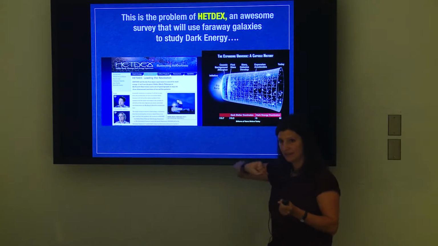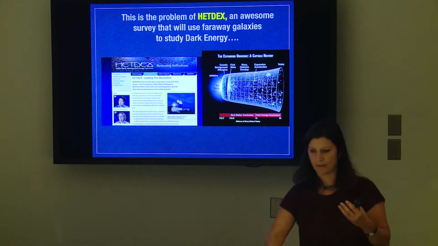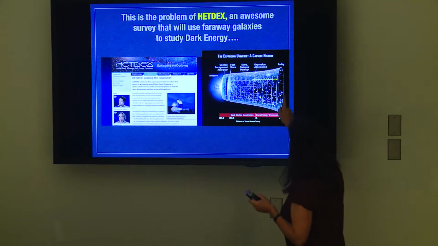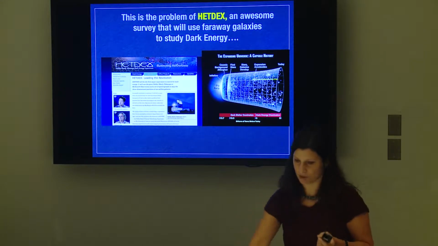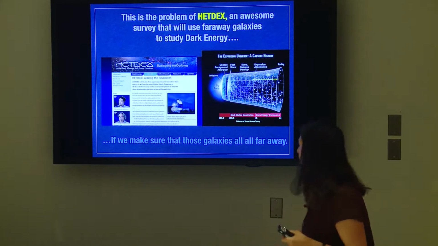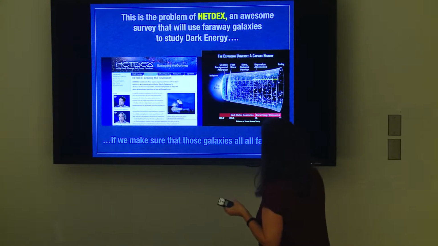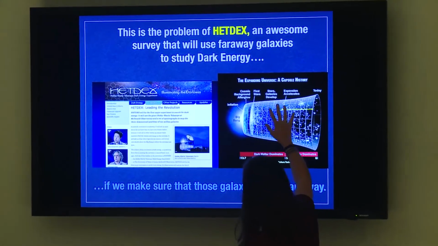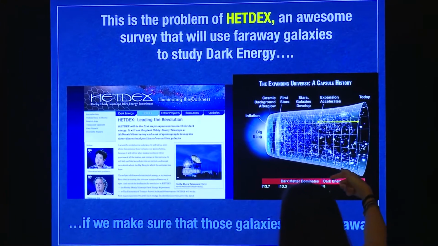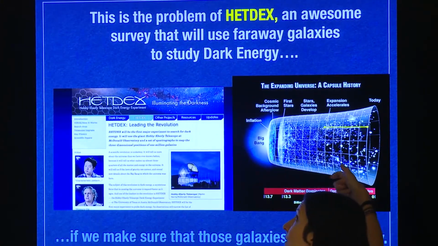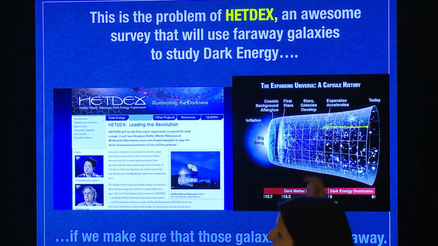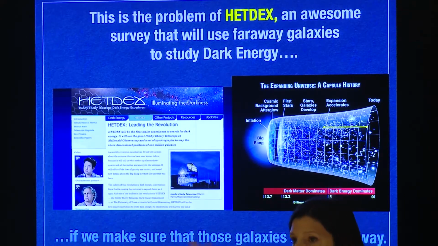And this is the goal of HETDEX. Okay, this is the Big Bang, this is what we studied, this is where we want to be. So I would say between 11 and 13 billion years in the past.